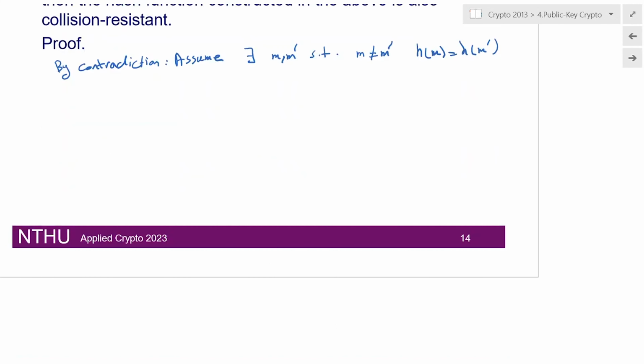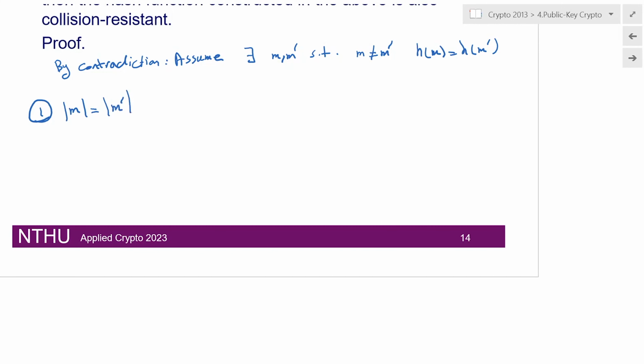So we need to consider two cases for this. We assume that we have a collision in the resulting hash function that we generate with the Merkle construction. How can we show that there is also a collision for the f function? So we have two cases to follow. We assume for the first case that the length of m equals the length of m prime.